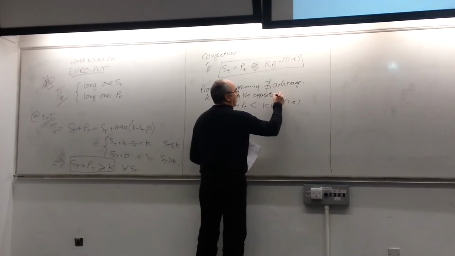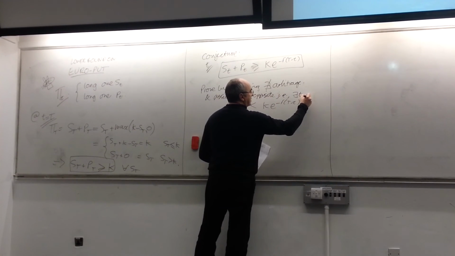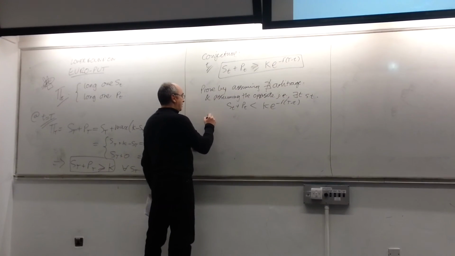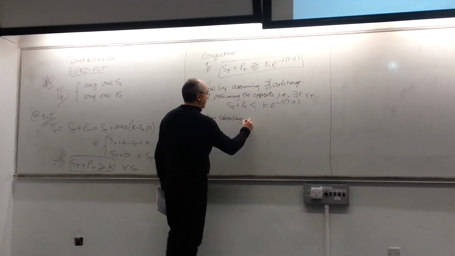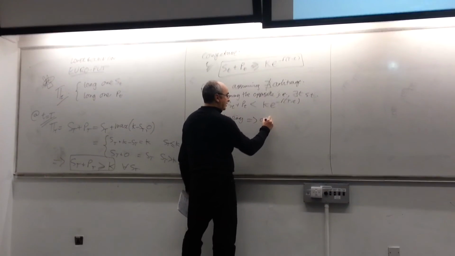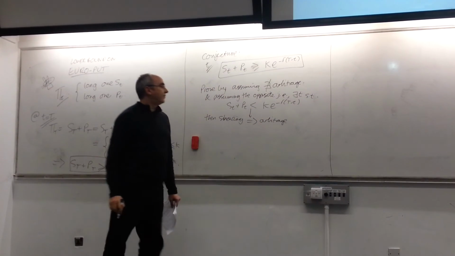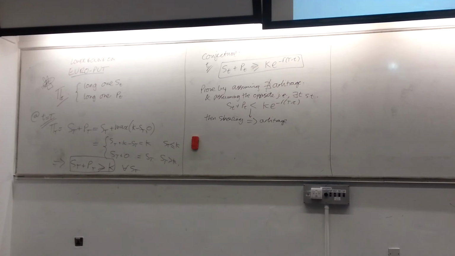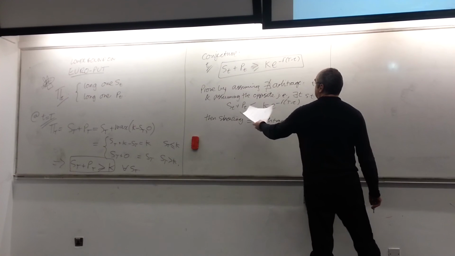Assume the opposite, i.e. there exists a t such that that's the case, and then showing that this implies arbitrage. So we'll assume the opposite and then prove that that implies arbitrage, so it violates the no arbitrage condition. So suppose that is in fact the case.